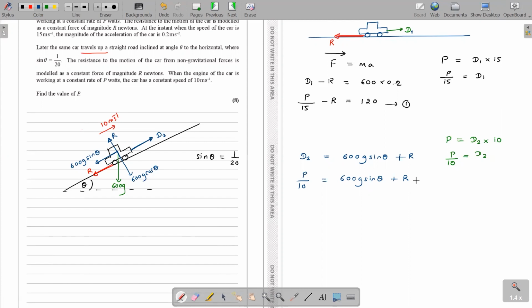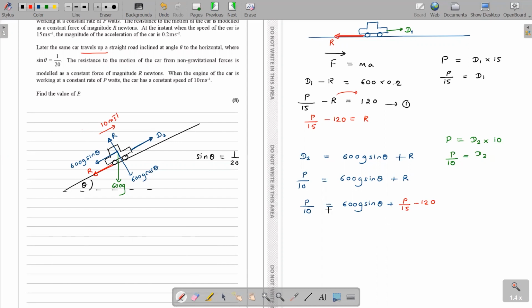Okay, so let's input the values. Shall I make R the subject from the first equation? When I make R the subject, I get R equals P over 15 minus 120. So let's input the value here. P over 10 equals 600 g sine theta plus R, which is P over 15 minus 120.